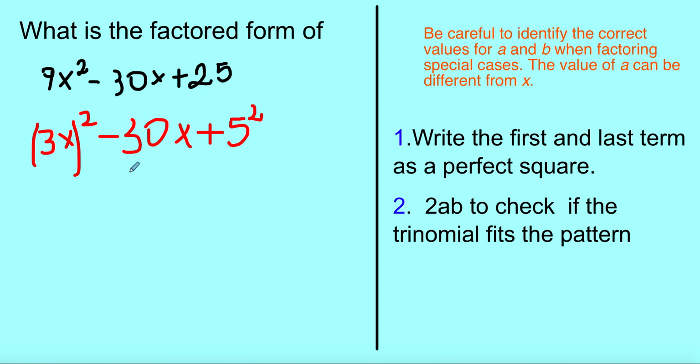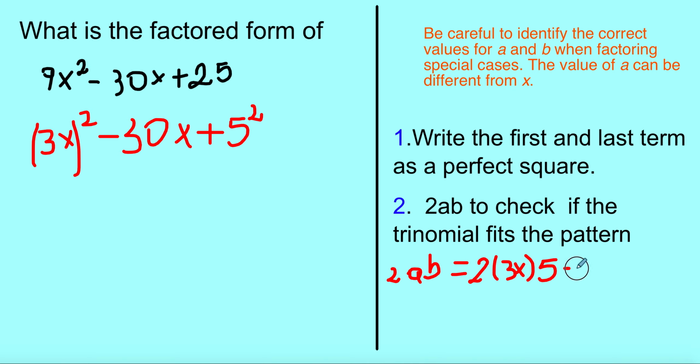The second step, we have to check 2ab to see if the trinomial fits the pattern. What is 2ab in this case? 2ab is equal to 2 times 3x times 5, because we need the negative 30x in the middle as the second term.